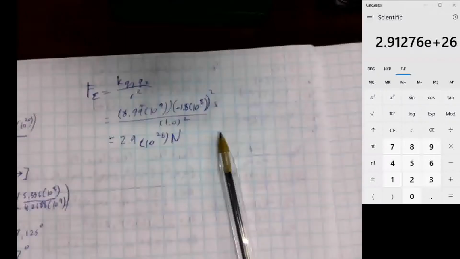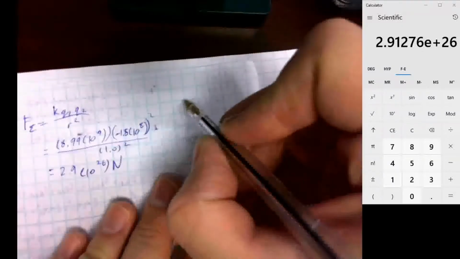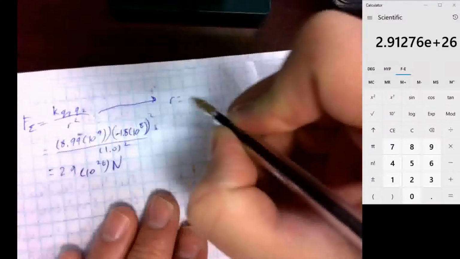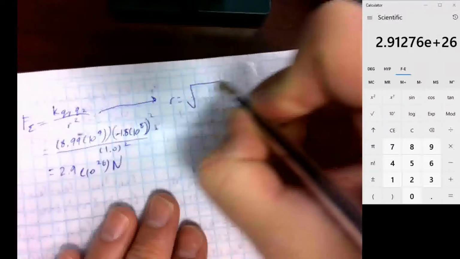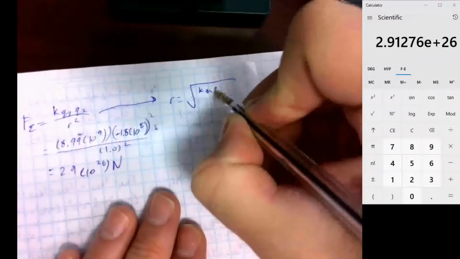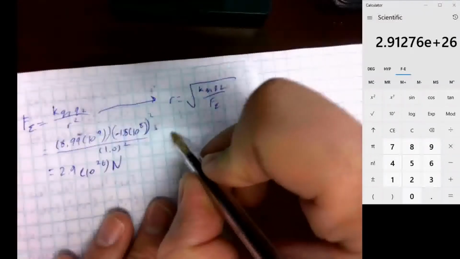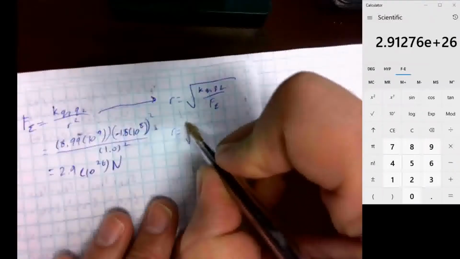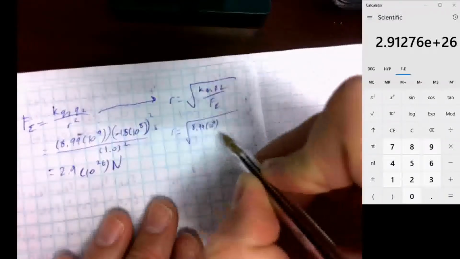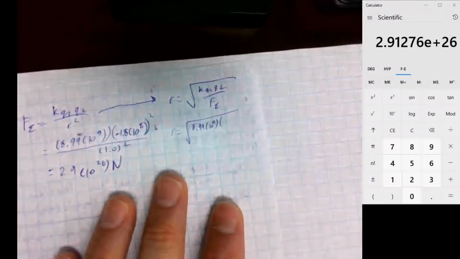So let's answer this. It's the same equation again, but we're going to rearrange it to solve for r, and it's going to be the square root of k q1 q2 over Fe. That works out to the square root of 8.99 times 10 to the power of 9, and we're going to have three rather large values here.